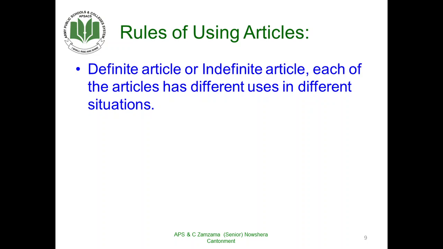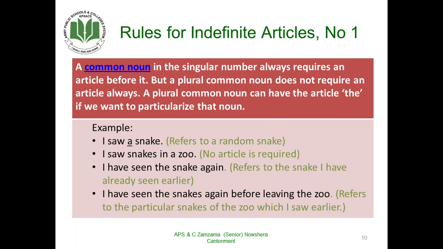Now come towards the rules, or you can say the uses of articles. Definite article or indefinite article, each of the articles has different uses in different situations. Now come towards rules for indefinite articles. Number one, a common noun.